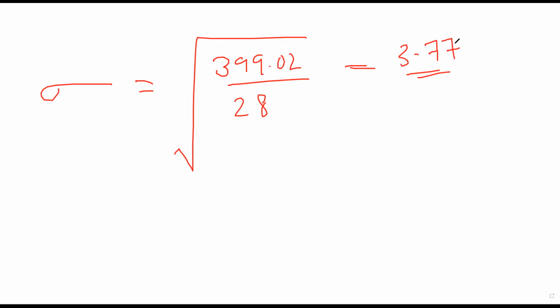If you want, I can do the whole thing as well, but essentially you will get 3.77. You can remove those 2 points, divide 39902 by 28, and take the root of that whole value. This is the answer that you should be getting. In case you made any mistake somewhere, please check.